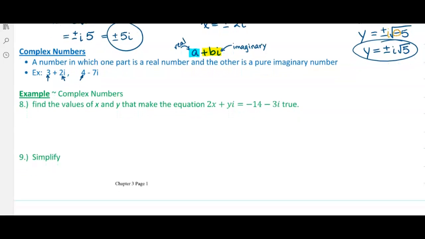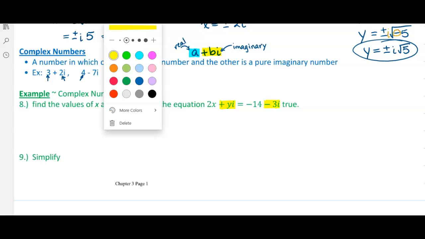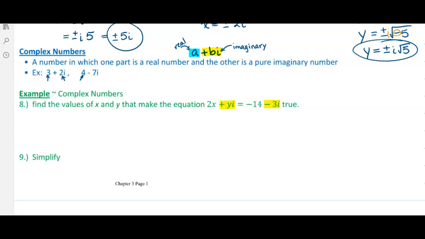When we are given a problem that says find values of x and y that make this equation true, what it's literally asking me is to look at the imaginary pieces and set them equal, and look at the real pieces and set them equal.